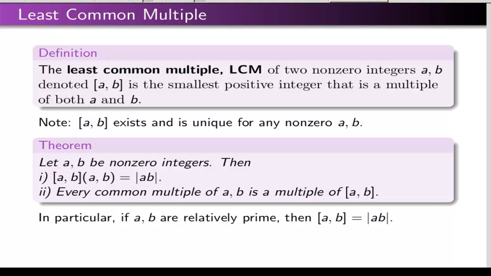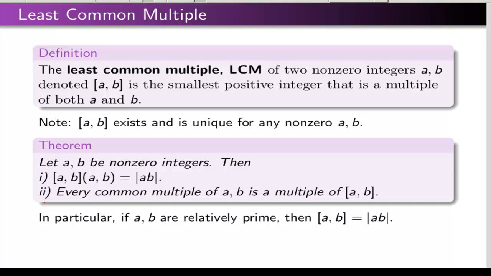Okay, theorem. Suppose A and B are non-zero integers, then I claim the product of the LCM and the GCD is just the product of the two integers. And of course, if A or B was negative, we need to put absolute values here, because LCMs and GCDs are always positive quantities.